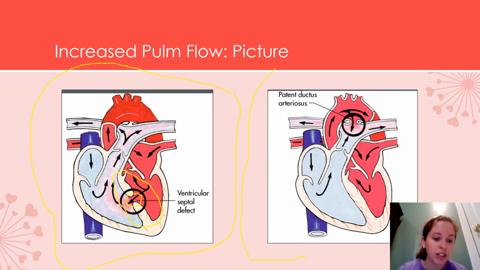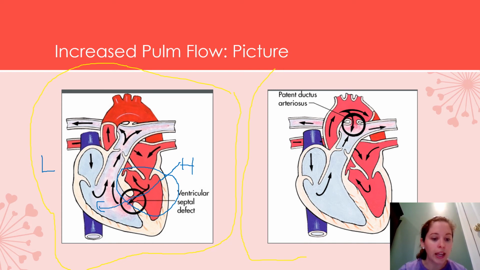So like we mentioned in the first couple of slides of this whole lecture, we know that fluid moves from high pressure to low pressure. And remember, the highest pressure chamber in the heart is the left ventricle. So if there's an abnormal connection, blood is going to move from high pressure to low pressure.